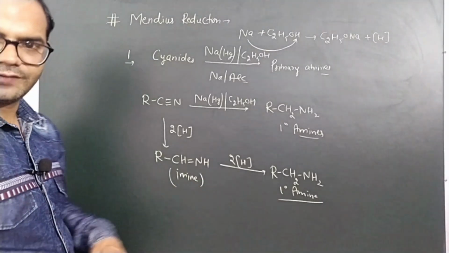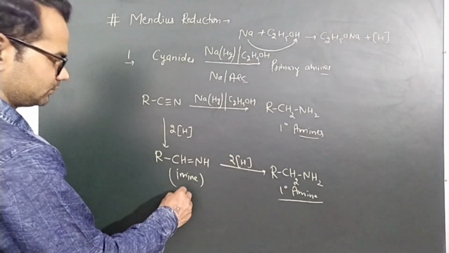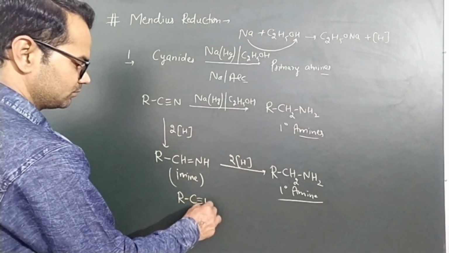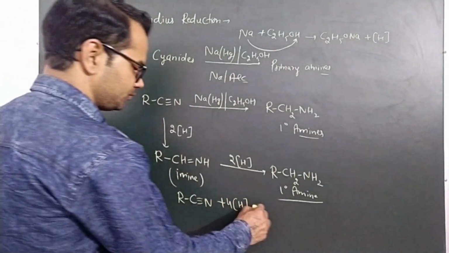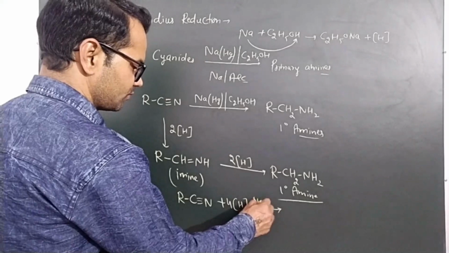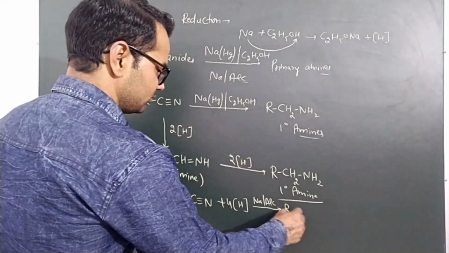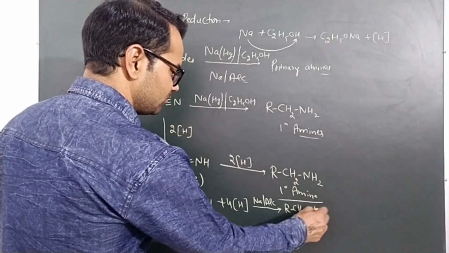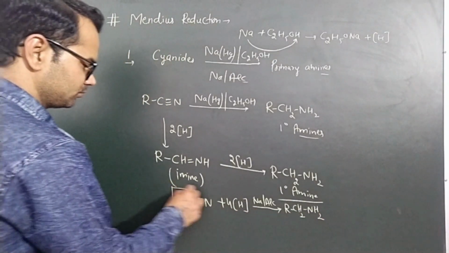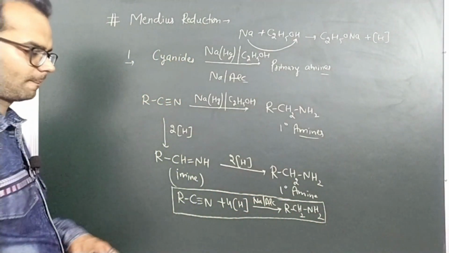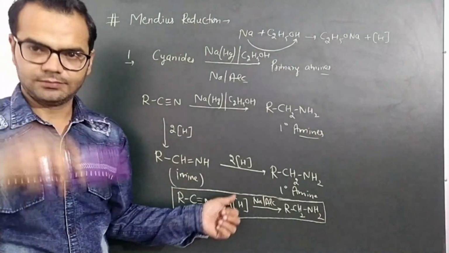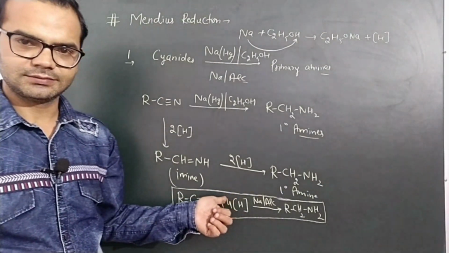So the general format of this reaction is sodium with alcohol. This is a Mendius reduction.